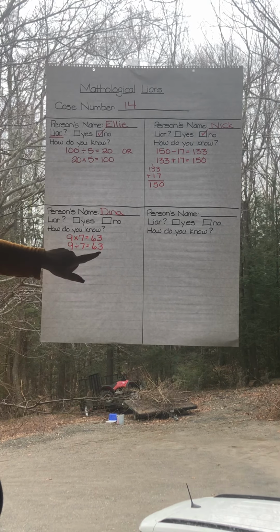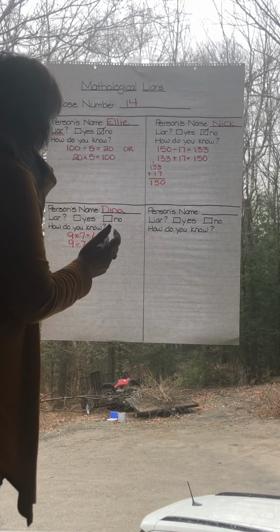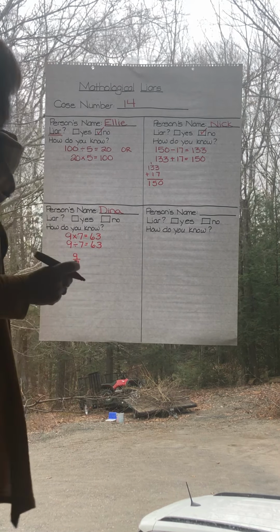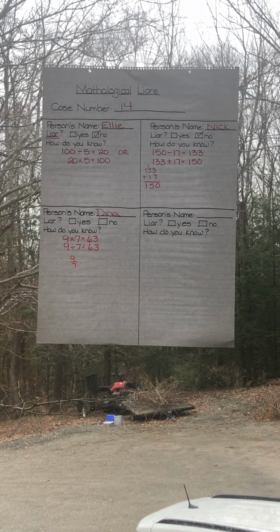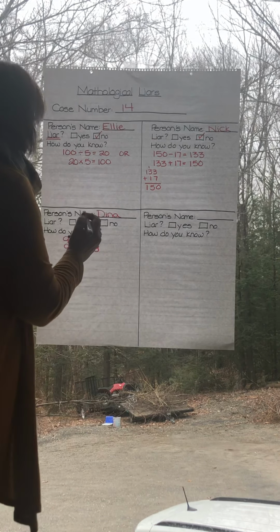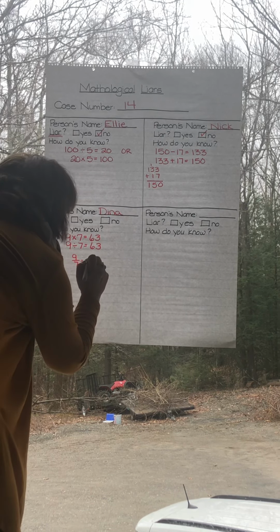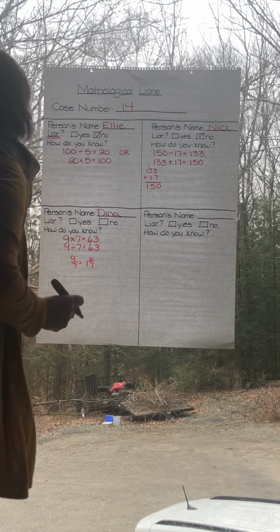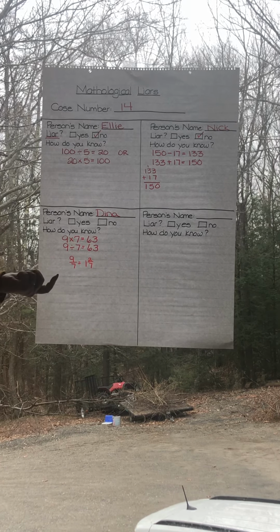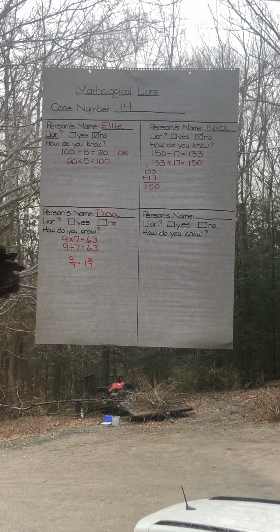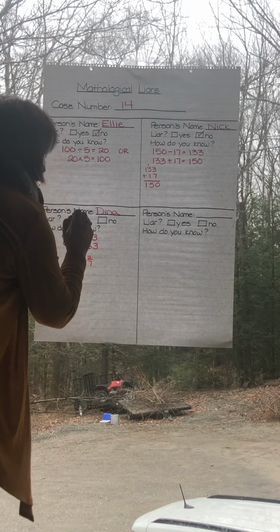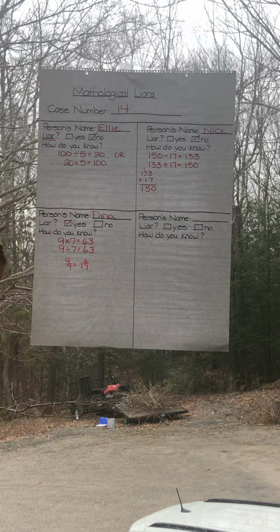Well, that's not correct. 9 divided by 7 is the same thing as saying 9/7, and hopefully you would understand that that would be 1 and 2/7, which wouldn't really make sense for this problem. So this is not correct, so Dina is one of our liars.